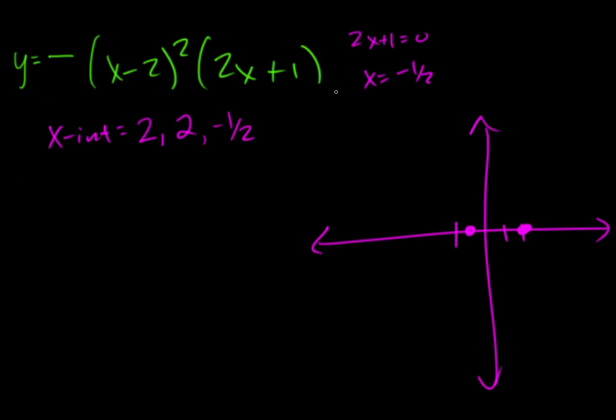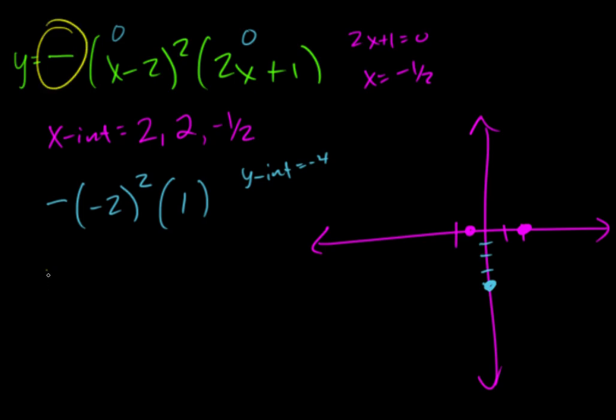Okay, we can find the y-intercept by plugging in zeros again. So we're going to get negative on the outside, negative 2 squared, and then we're going to get a 1. So that's 4 and then negative, so the y-intercept is negative 4. Now, we also know that the a value is negative, and so that's going to be this type of shape.